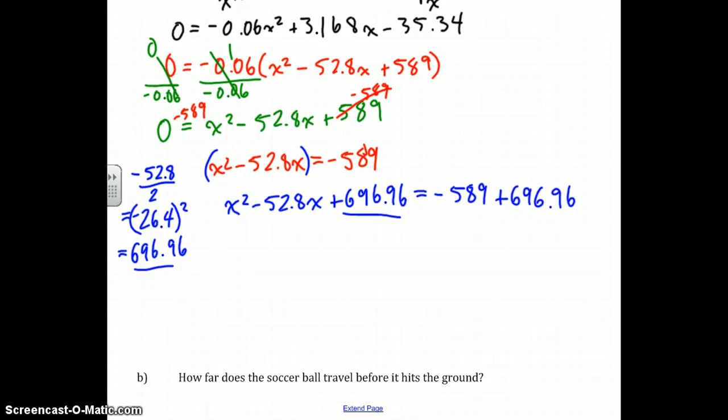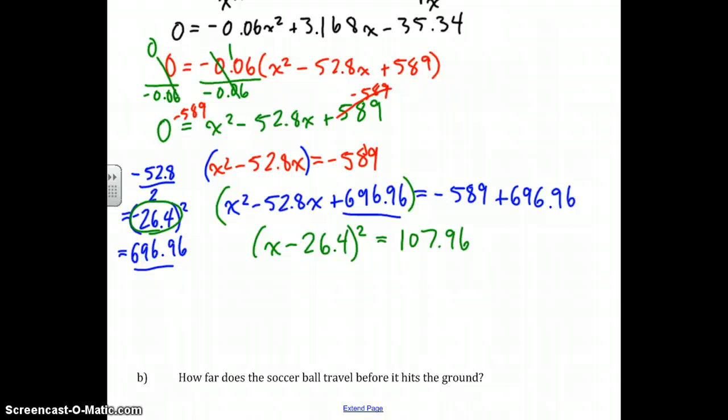The point of doing that is so that this now can be factored and becomes a perfect trinomial square. We don't really see that, but it can now be factored to be x, and remember, it's always this number here, take away 26.4, all squared, equals, and the other side of the equal sign simplifies to be 107.96. Now we're ready to use the square root property. We can take the square root to get rid of that bracket squared.